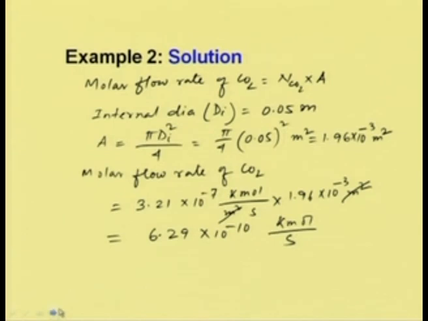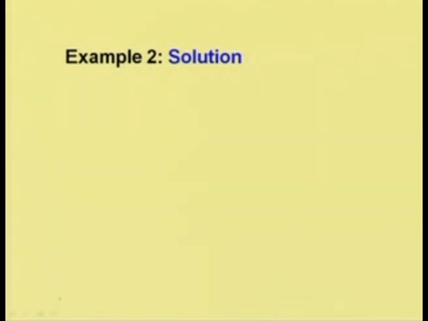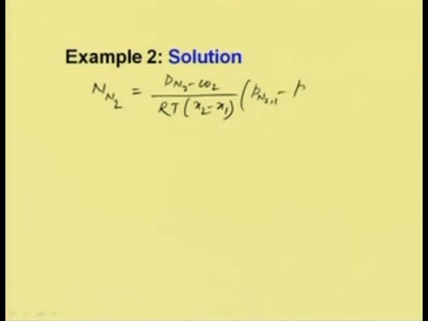Similarly, for component B, that is nitrogen, we can calculate N nitrogen is equal to D N2-CO2 divided by RT, x2 minus x1, into the partial pressure of N2 at point 1 minus the partial pressure of N2 at point 2.